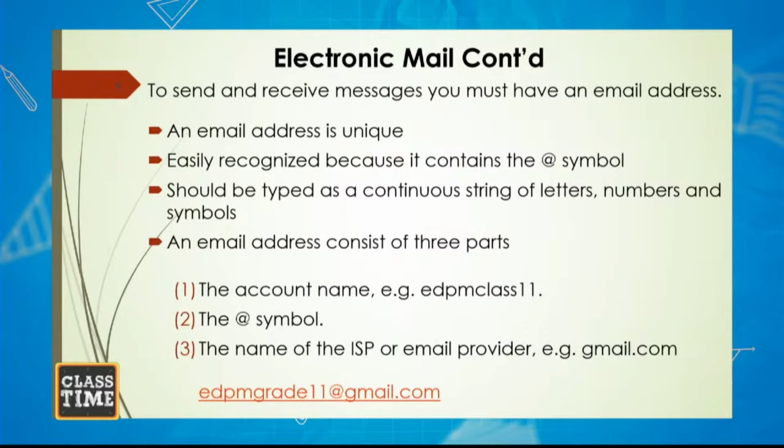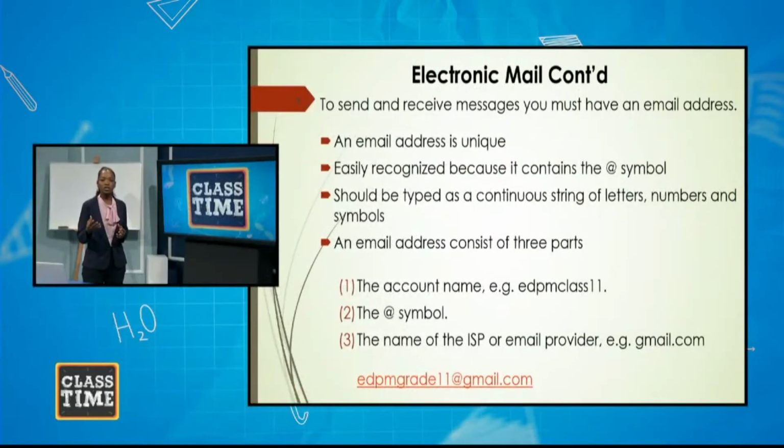So if you look at the email address at the end of the screen, you will see EDPM grade 11 at gmail.com. That is the entire email address that was made up as an example for you to see what an email address looks like, just in case you have not yet created one, or just in case you don't know how to create one.